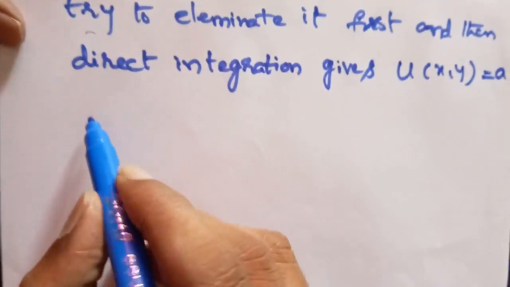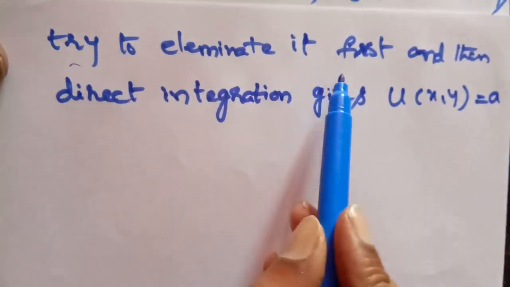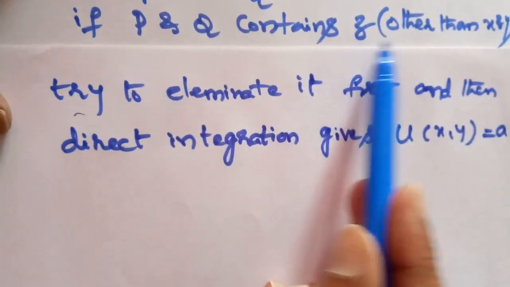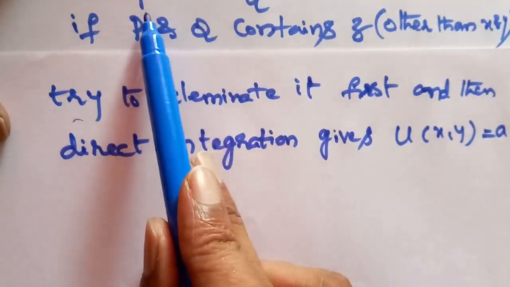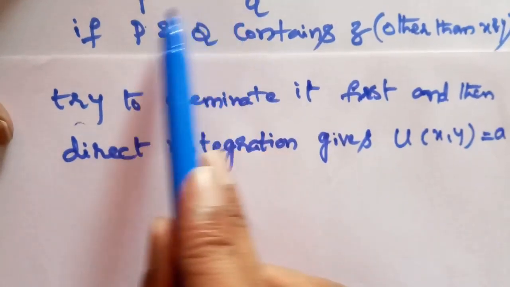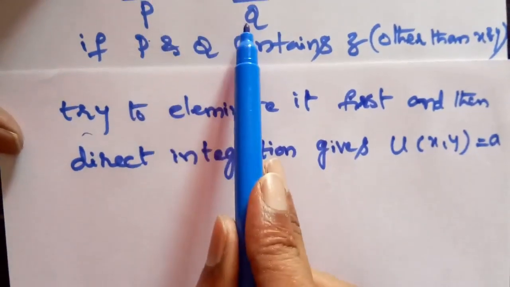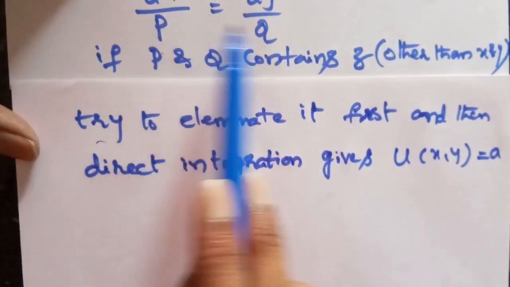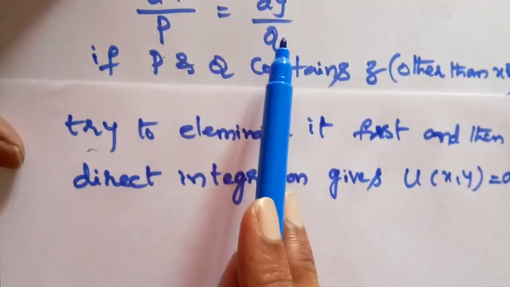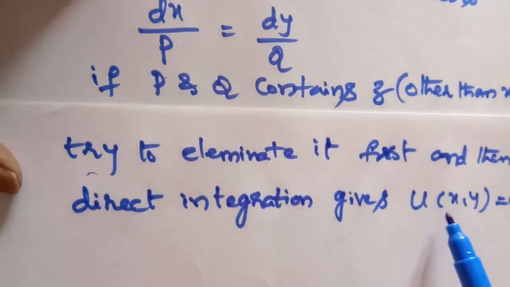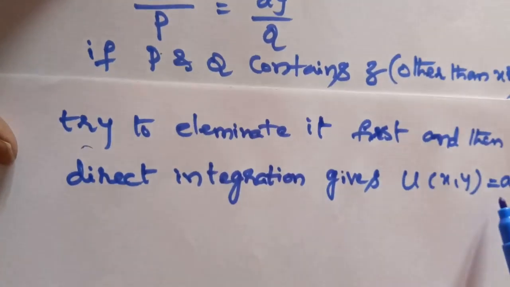If there is any z variable involved in P and Q, first try to eliminate that z variable, and then by using the method of variables separable, separate the variables and integrate, we get the solution u of x comma y is equal to a.